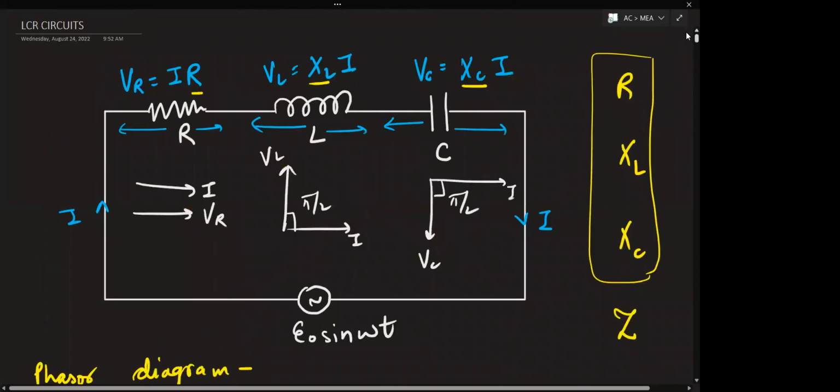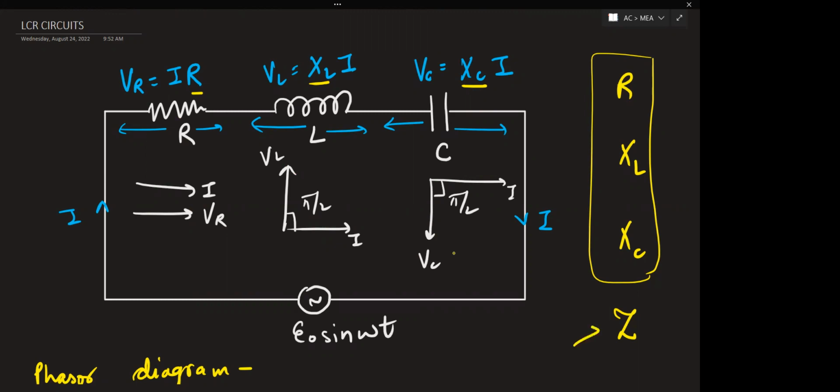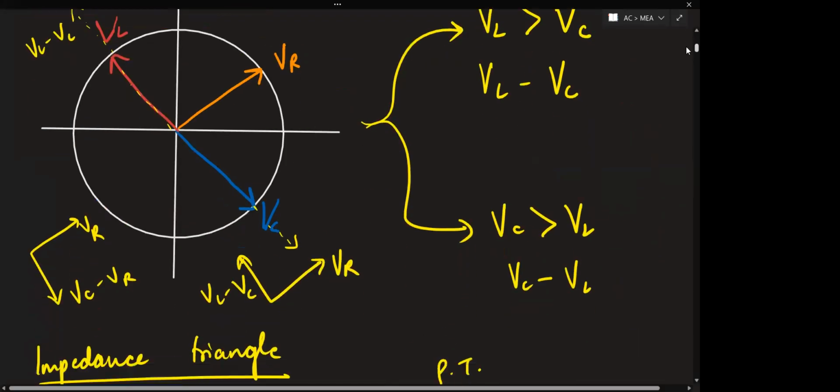LCR circuit means inductor, capacitor, resistor, all three are connected. VR will be equal to IR, VL will be equal to XLI, VC will be equal to XCI. But these are all different individual quantities. When you have all three together, there has to be a net effective resistance for the whole circuit. That is known as impedance, whose derivation you can do with the help of an impedance triangle.